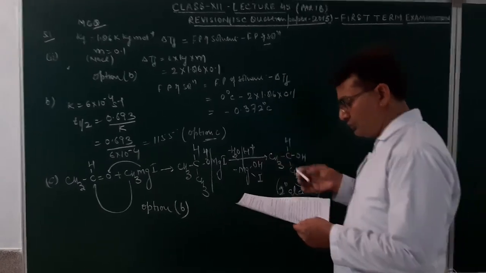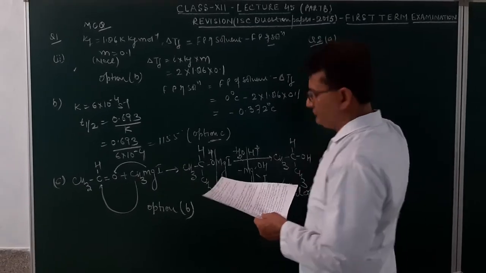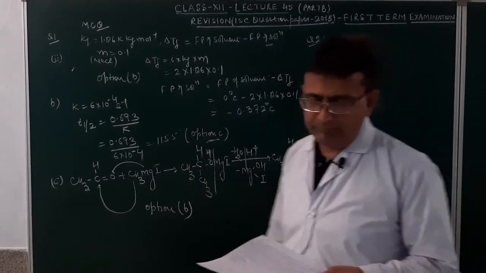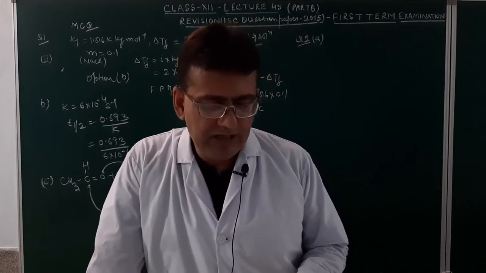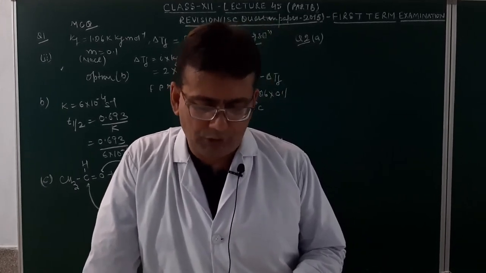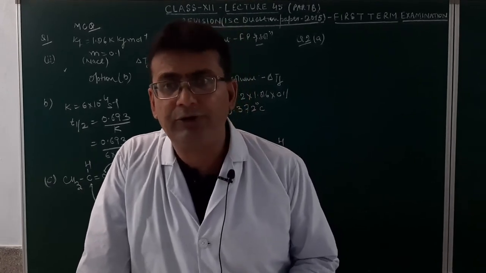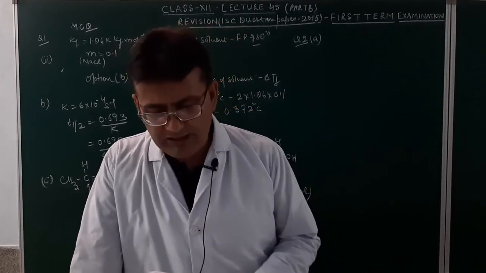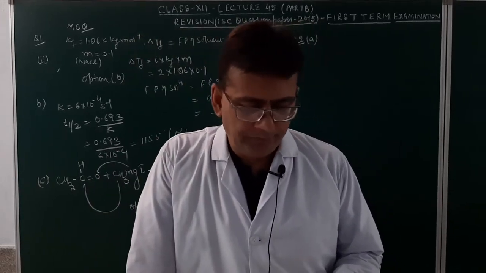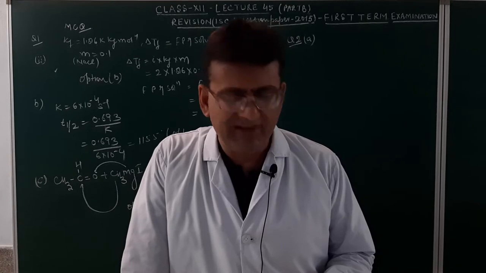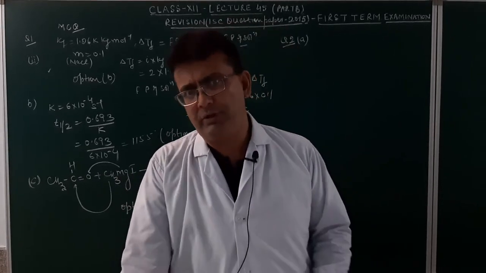Now question number 2, A part. 2 liquids A and B form type second non-ideal solution which shows minimum in its temperature mole fraction plot. Can the 2 liquids be completely separated by fractional distillation? No. Minimum in its temperature means it's a minimum boiling azeotrope.